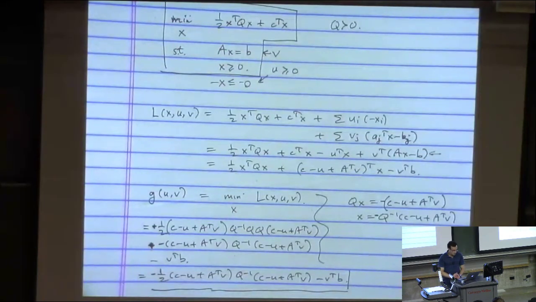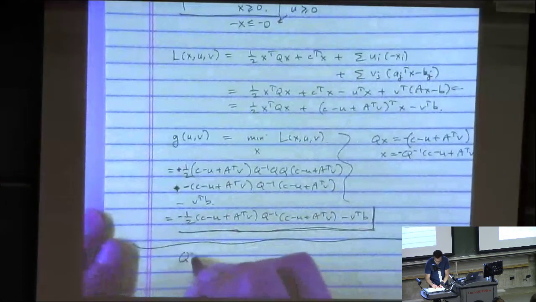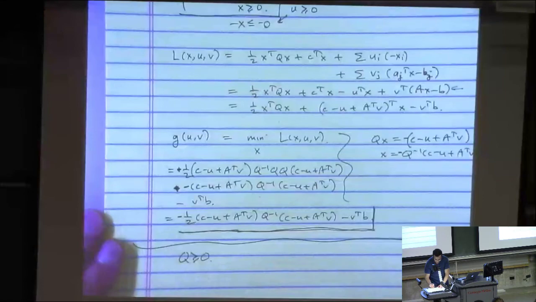I had a bit more general calculation here, and I suppose maybe we'll just go through it since we have the time, which is what happens if Q is not positive definite but positive semi-definite. It's good for you to see such a case.